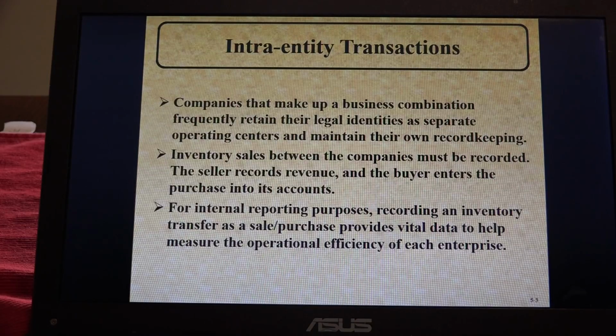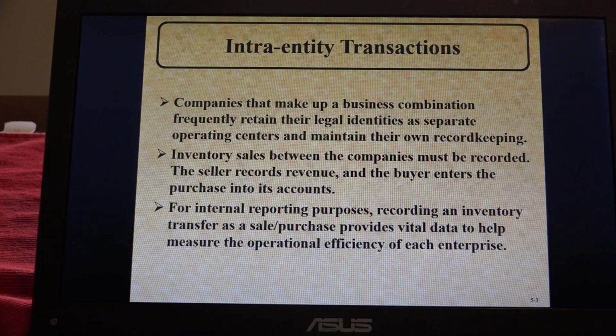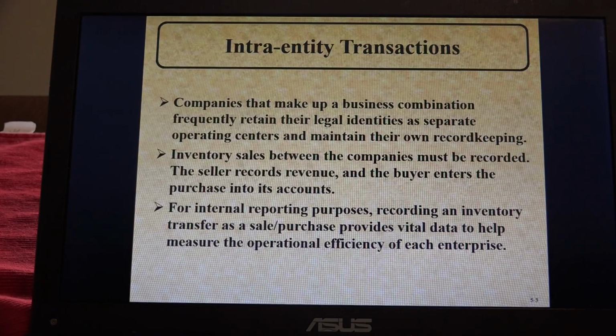And so for internal reporting purposes, recording an inventory transfer as a sale or purchase provides much needed data that helps measure the operational efficiency of each enterprise, each company, both buyer and seller.